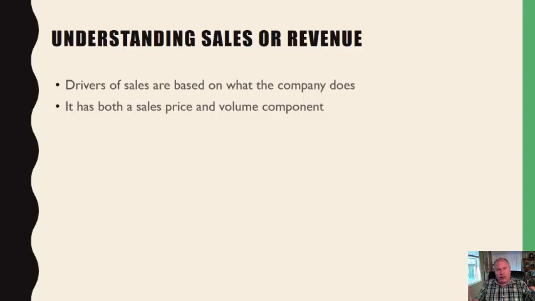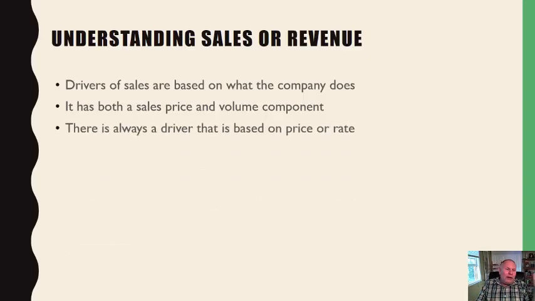So if we look at Geneseo Coffee Company, we know they sell coffee by the pound, and there's a price per pound. So this revenue is changing because either the prices we've sold the coffee for have changed, or we've sold more or less volume.